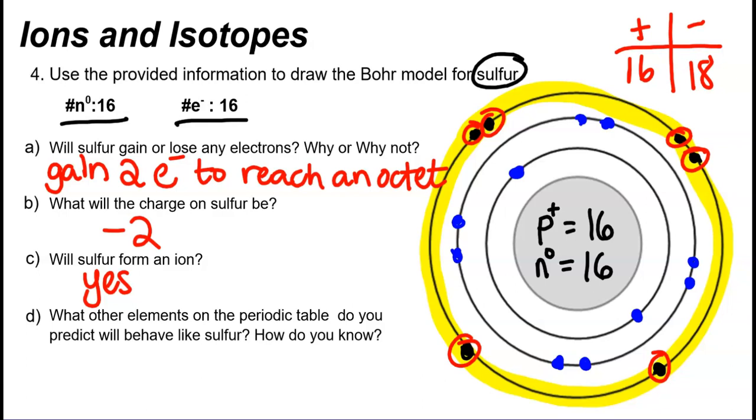What other elements on the periodic table do you predict will behave like sulfur, and how do you know? Well, if ion formation, forming an ion, has to do with how many valence electrons, we're looking for other elements on the periodic table with the same number of valence electrons.